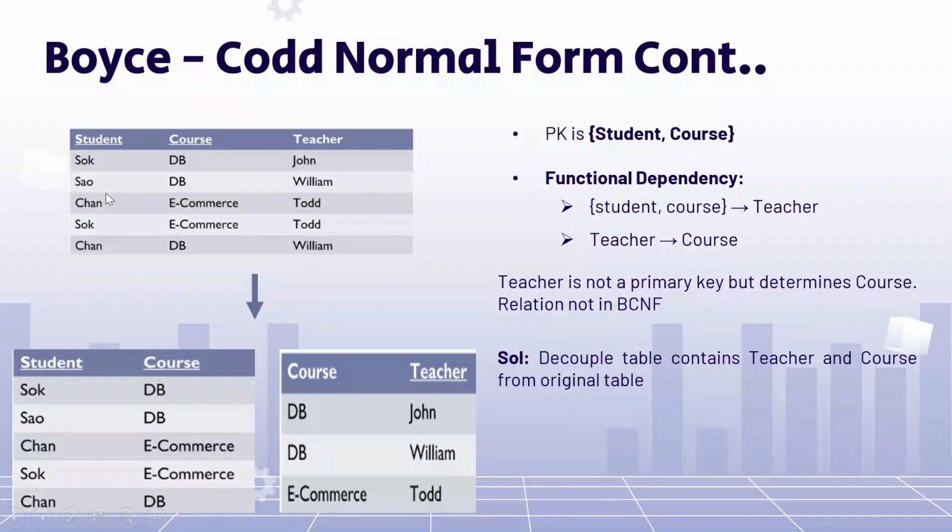So see this example here. The primary key is a combination of student with the course. So this is a primary key, and yes, of course, student and course together can determine a teacher because a primary key can determine any attribute of the table. Now here another functional dependency that exists is a teacher.